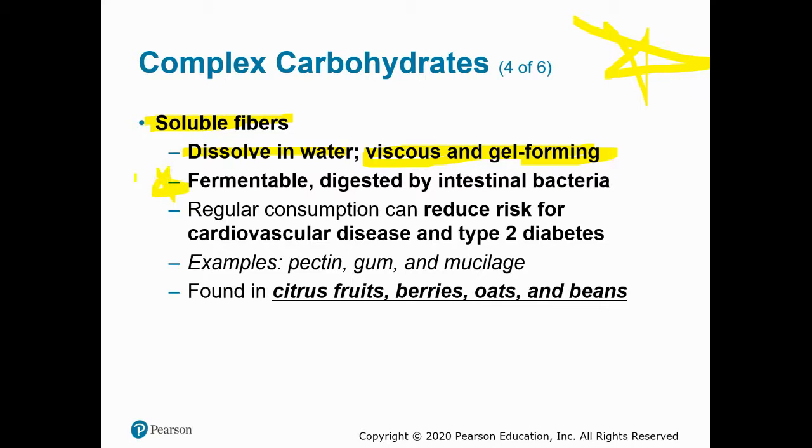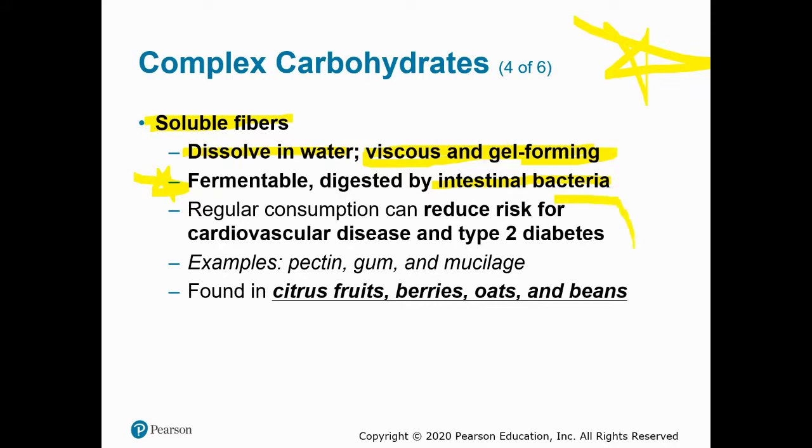Soluble fibers, because they're soluble, are also fermentable, meaning digestible by the bacteria that live in our guts, in our intestines. Because they can dissolve in water, they're more accessible to those bacteria. So soluble fibers are critical for feeding our healthy gut bacteria.